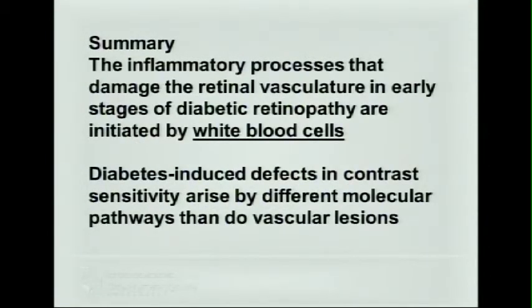So basically, the inflammatory processes that damage the retinal vasculature in the early stages of diabetic retinopathy are at least initiated by white blood cells. There is clinical evidence indicating that the neovascular response that occurs in different diseases, in particular AMD, also has a strong inflammatory component, and it looks like there is some evidence that this might be inhibited by anti-inflammatory approaches.